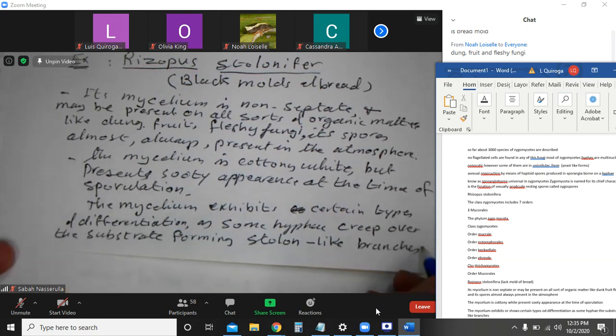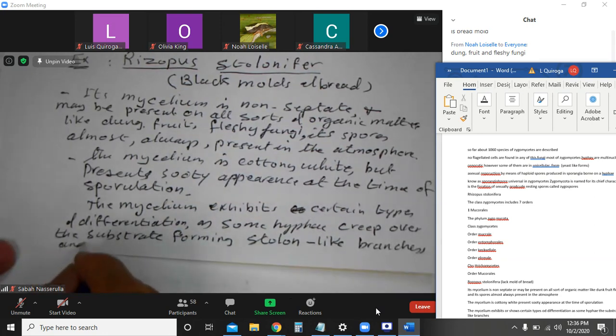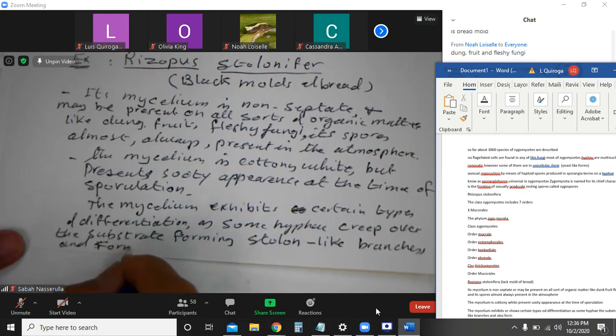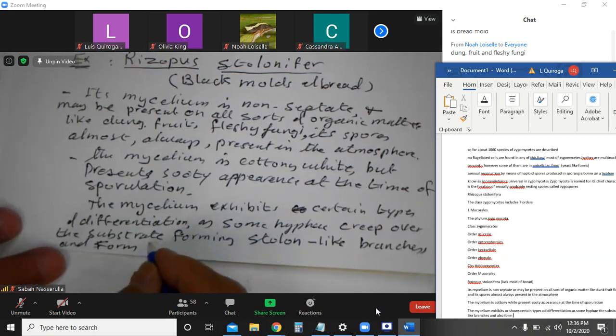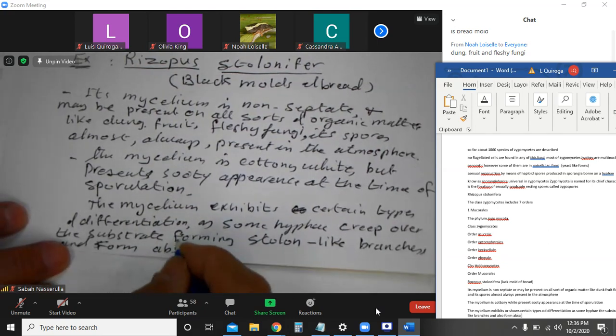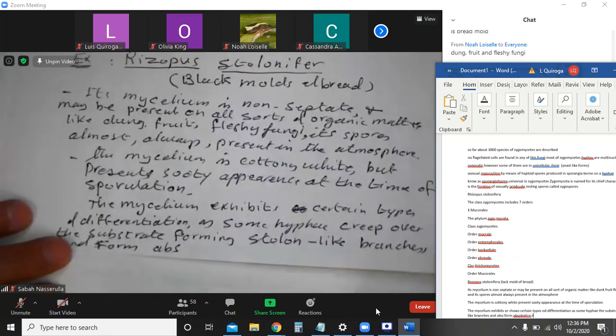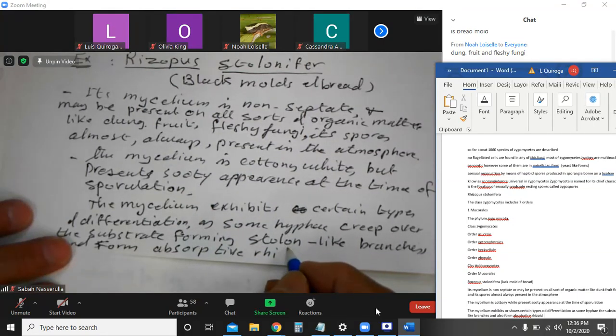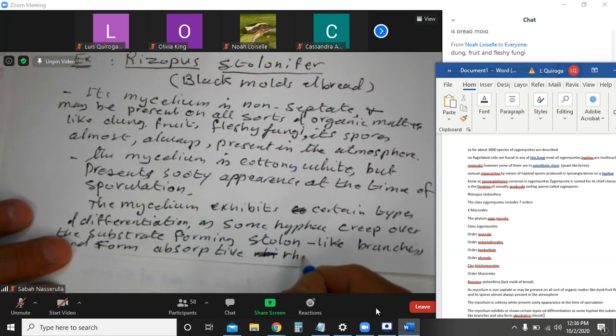And some branches also form absorptive rhizoids. Absorptive rhizoids means the rhizoids can absorb material.